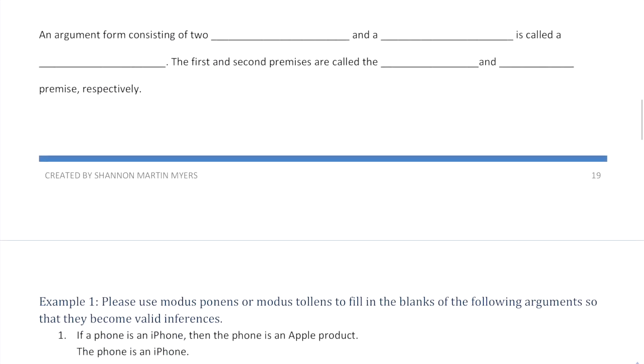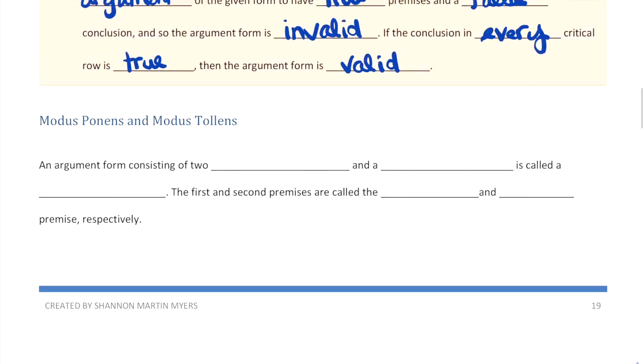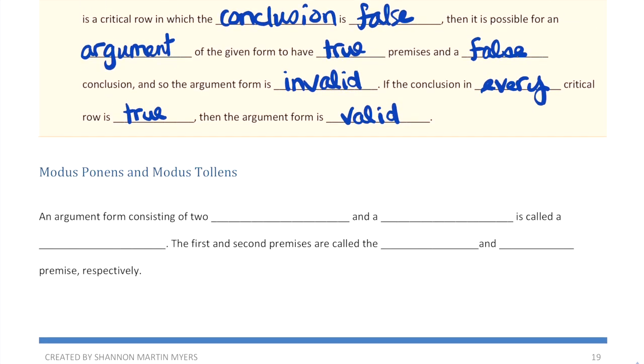Okay, so modus ponens we talked about a little bit, and modus tollens. So let's do it. An argument form consisting of just two premises and a conclusion is called a syllogism.